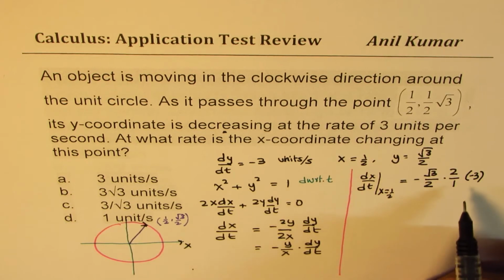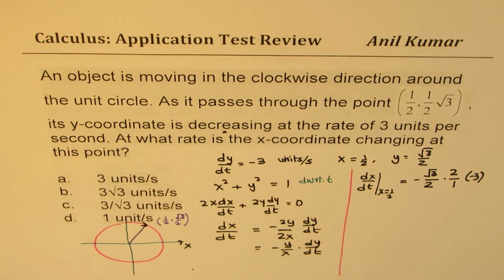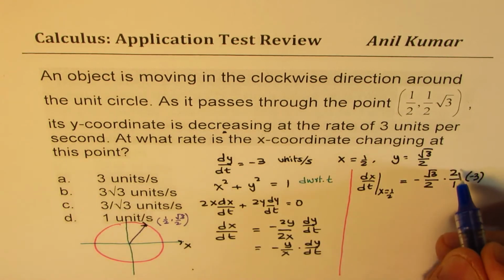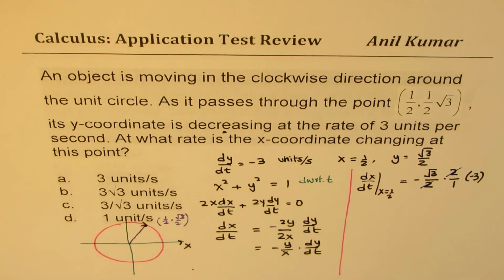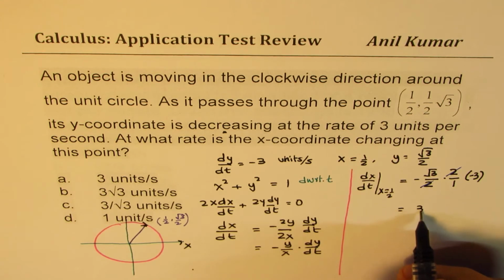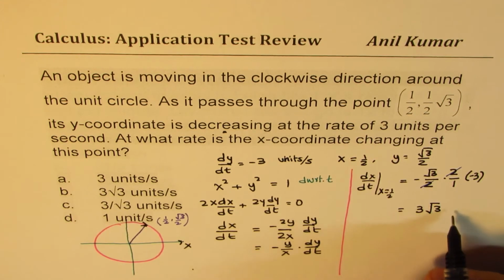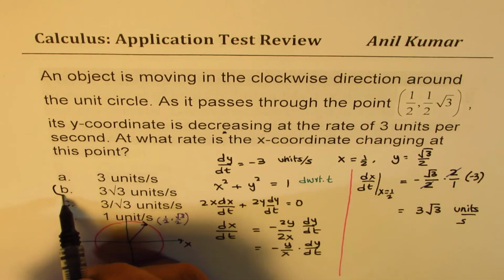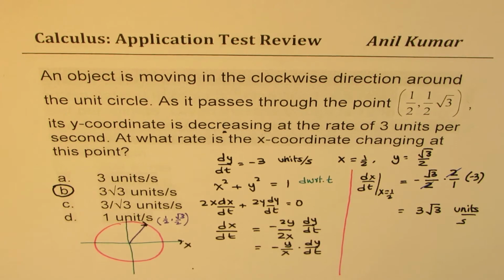You can always cancel 2 and 2. Minus and minus becomes positive, and what you get here is 3√3 units per second. So 3√3, which is option B, is the right option, correct?